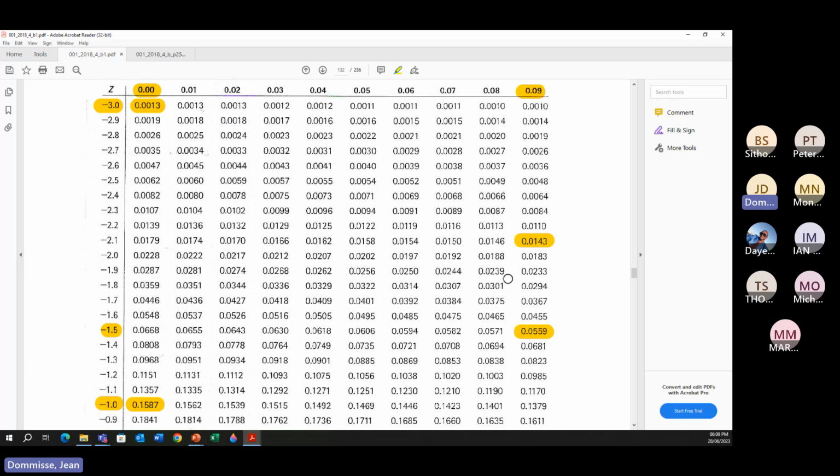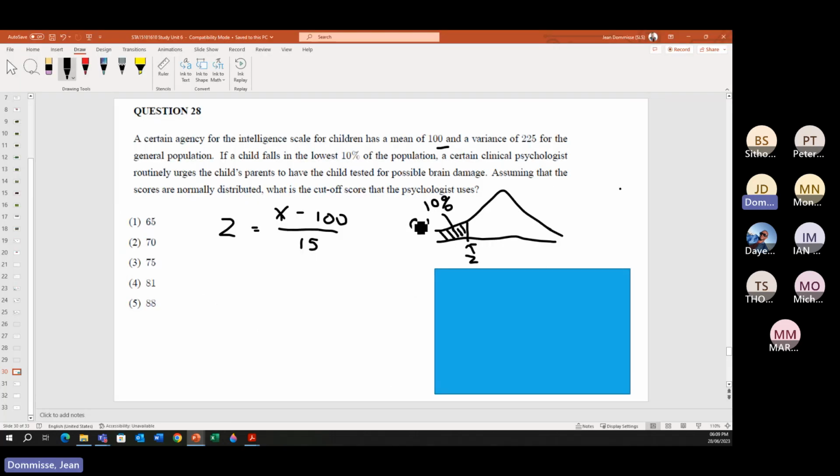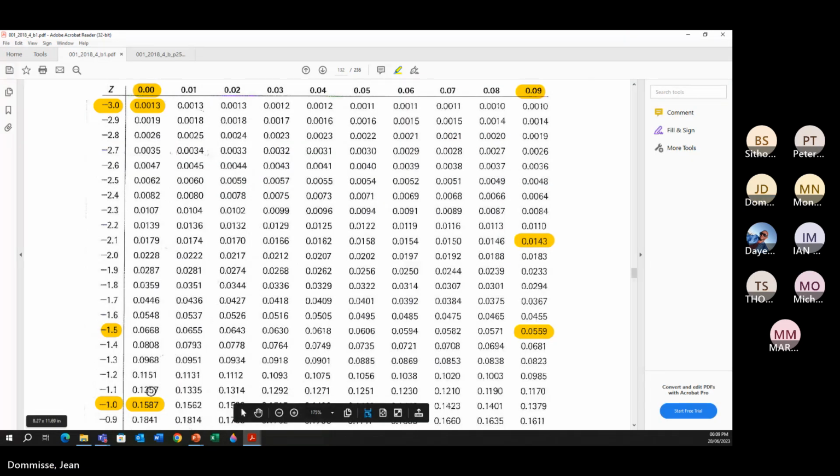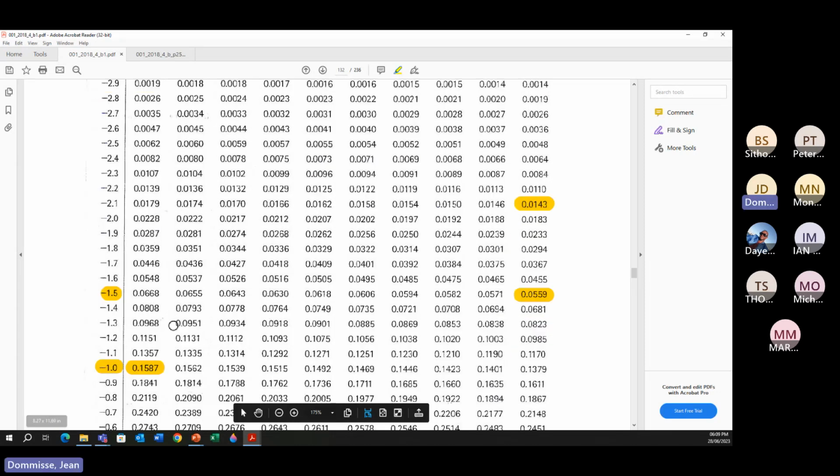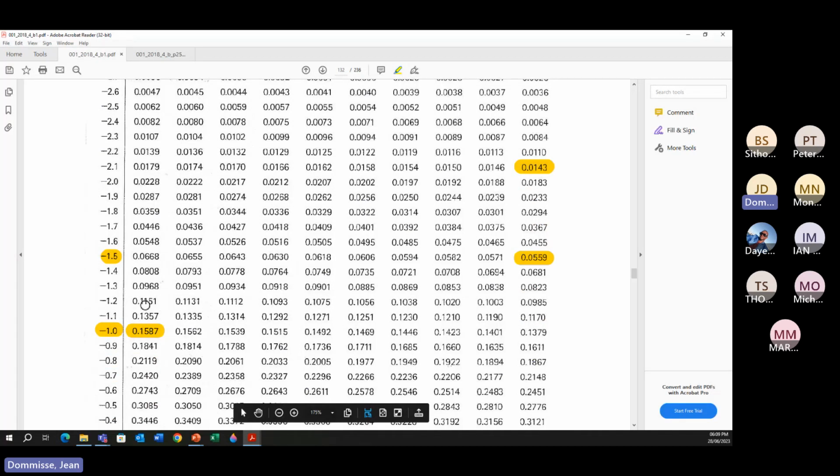I'm looking for 0.1. Where was my mind? I'm looking for 0.1, not 0.01. There are definitely mistakes on this table, but okay, that will be the closest that we will get to 0.1.